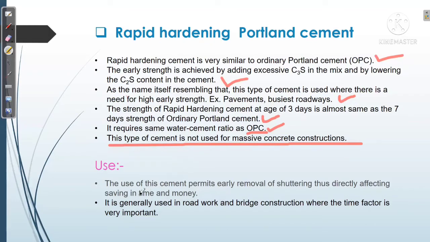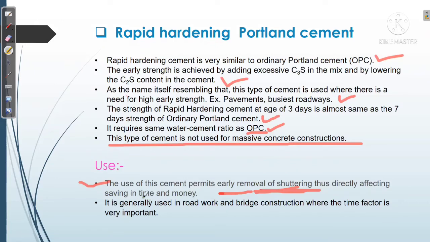Use of this kind of cement permits early removal of shuttering. Early removal of shuttering is the biggest advantage, because you can save time and money. You can remove your shuttering in less time, and that directly affects the economy of the structure.